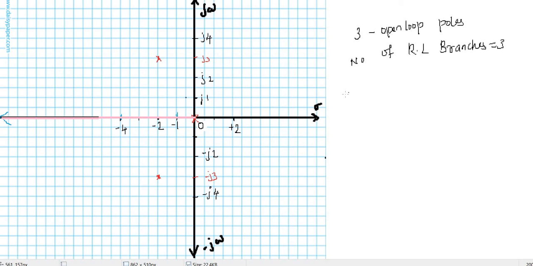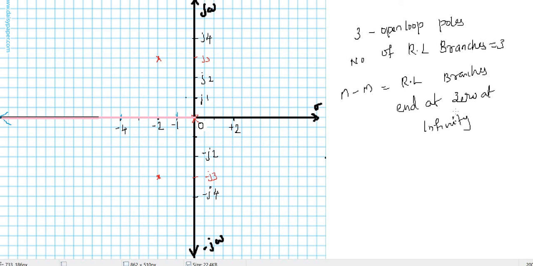That means we have n minus m root locus branches that will end at zeros at infinity. From each pole a root locus branch starts, and that branch should terminate at a zero. If there are no finite zeros, these branches may end at the zeros at infinity.